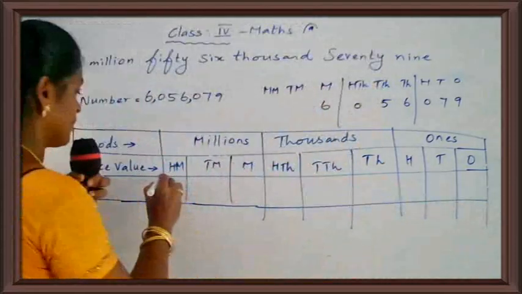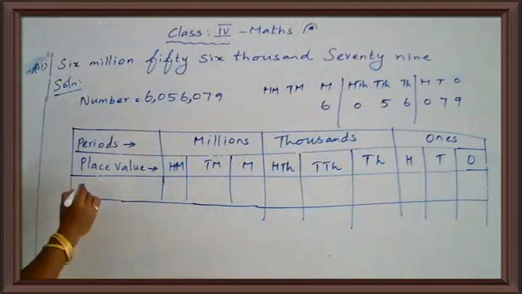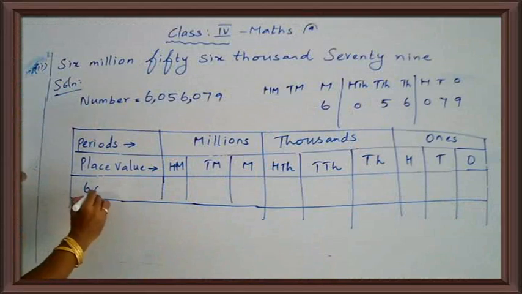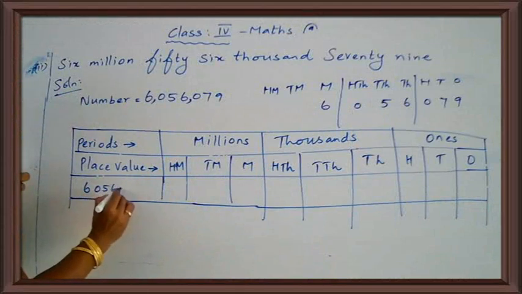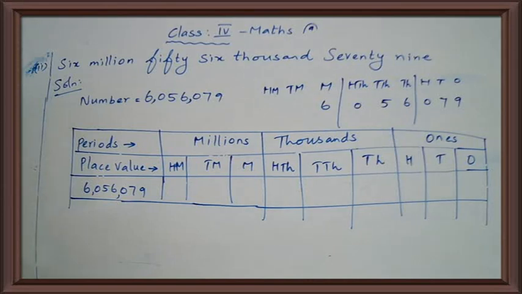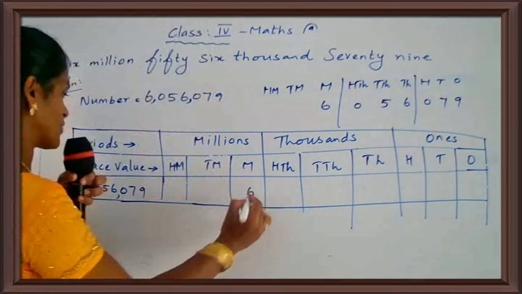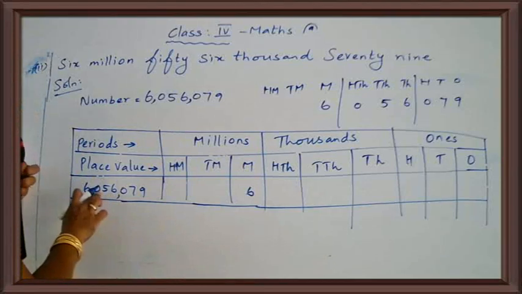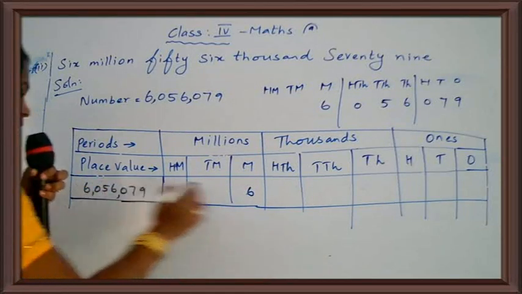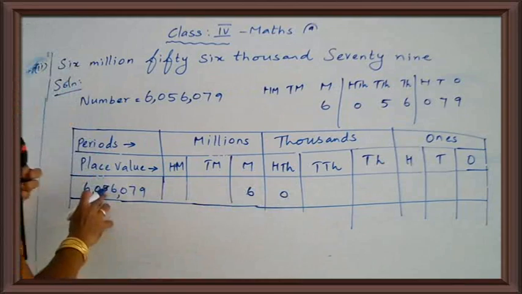What's the number? 6 million 56,079. Now you put the numbers inside the place value chart. 6 million. Okay, where is million? Here. So you put 6. Next 100,000 place is 0. Then 10,000 place 5.